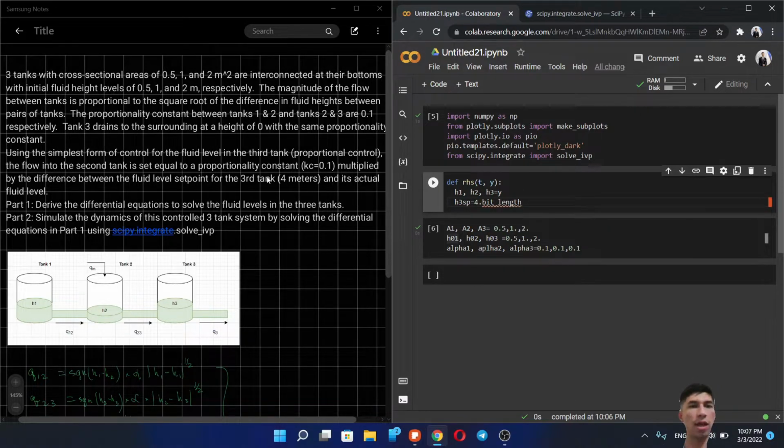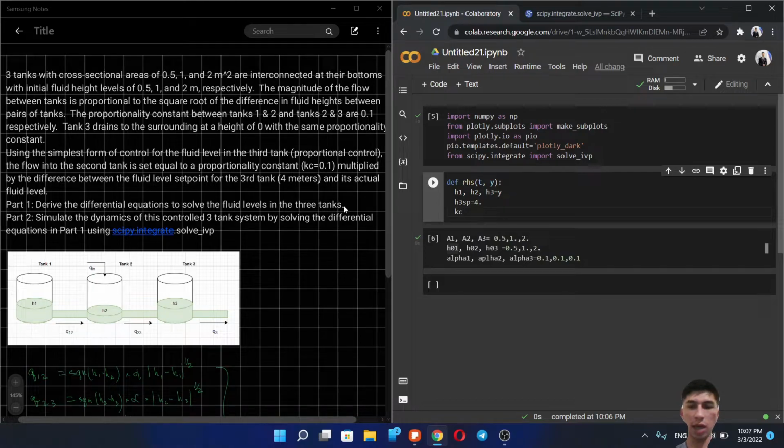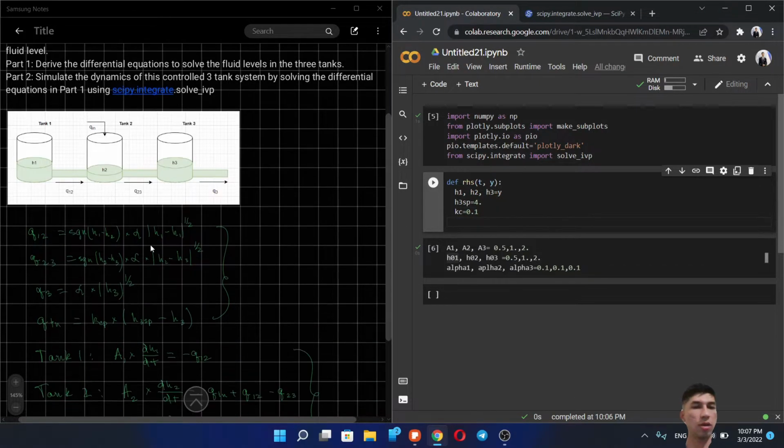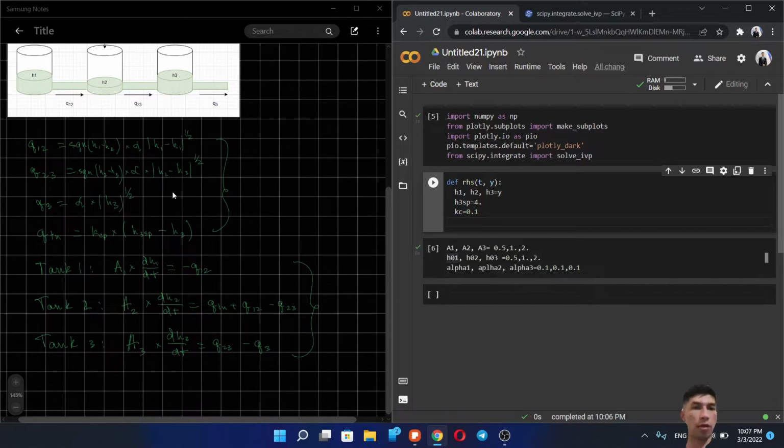What we also have is the proportionality constant, so Kc equals 0.1. Let's now put our 4 equations inside of our function.